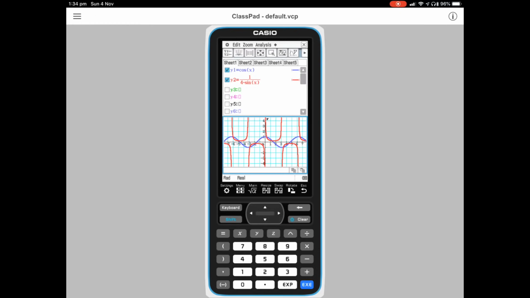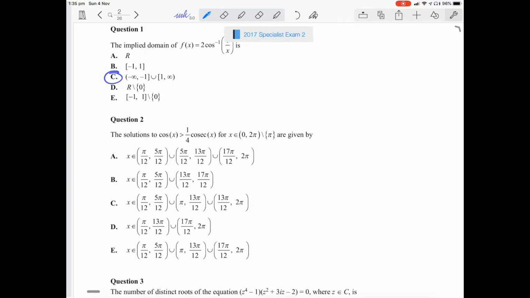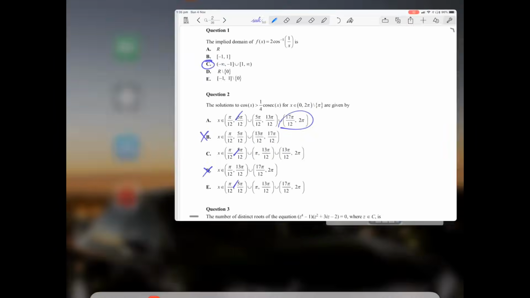So we can skip and get rid of 1 and 2. What do we need to know? It looks like pi on 12, 5 pi on 12.